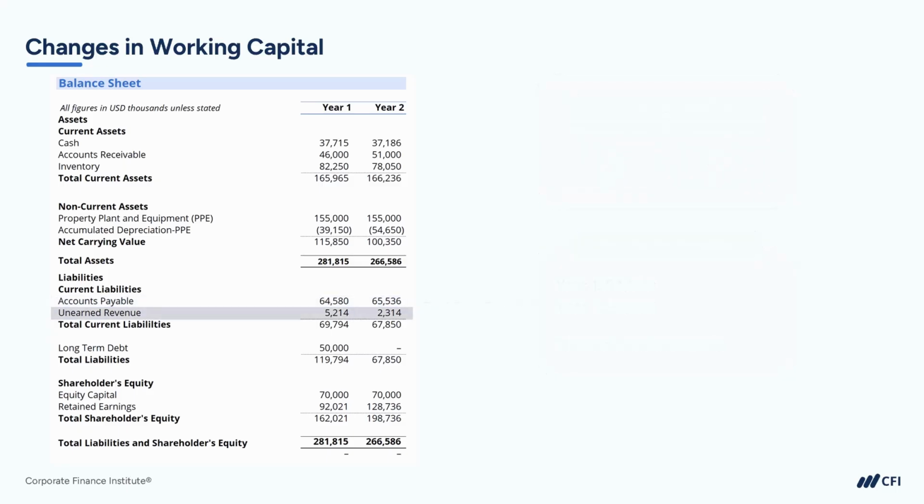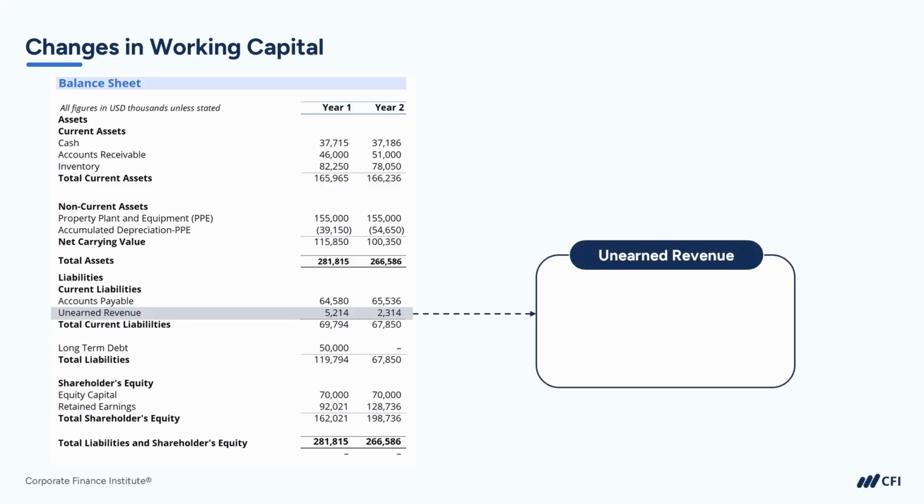With unearned revenue, it's going to work very similarly to accounts payable. Remember that unearned revenue, sometimes called deferred revenue, is recorded when a company receives cash in advance of providing the service or selling the good. As a liability, it works the same as we saw for accounts payable. So if unearned revenue decreases, as is the case here, it indicates less cash received in advance and is therefore shown as a net cash decrease of 2,900.